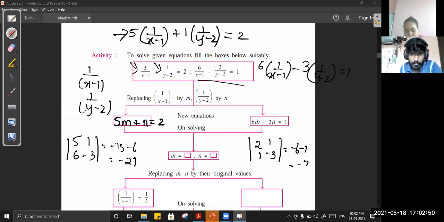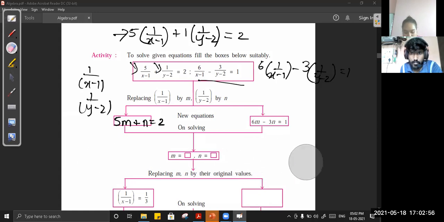I'm getting it as minus 21, 12, and minus 3. So x is 12 upon minus 21. Yes, Dx I'm getting is 12. Show me the calculation.